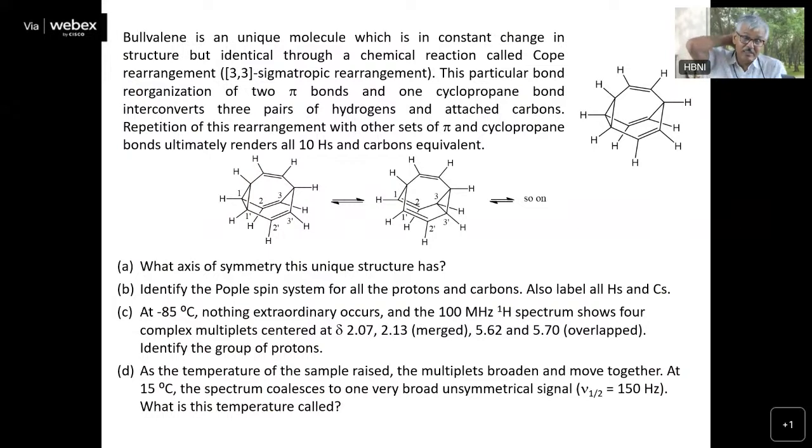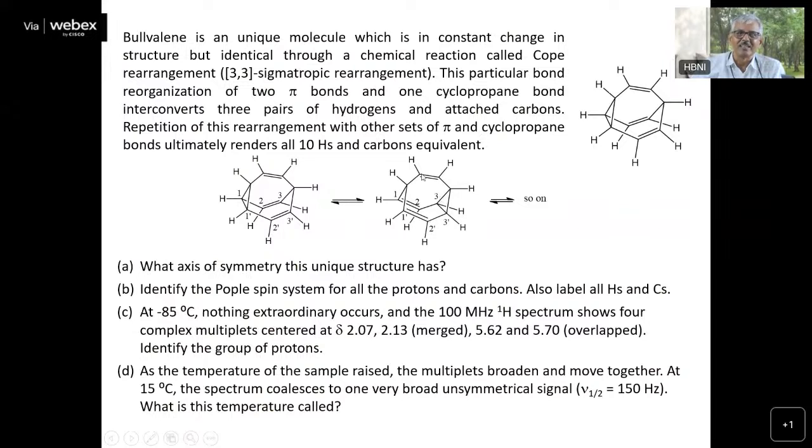Now this is again a molecule. This is called bullvalene, and this is the structure of bullvalene. This molecule is continuously undergoing a chemical reaction called Cope rearrangement, which is nothing but a 3,3 sigmatropic rearrangement. There is continuous bond reorganization taking place. In this structure the cyclopropane ring is here, whereas in this structure it has moved to a new position.